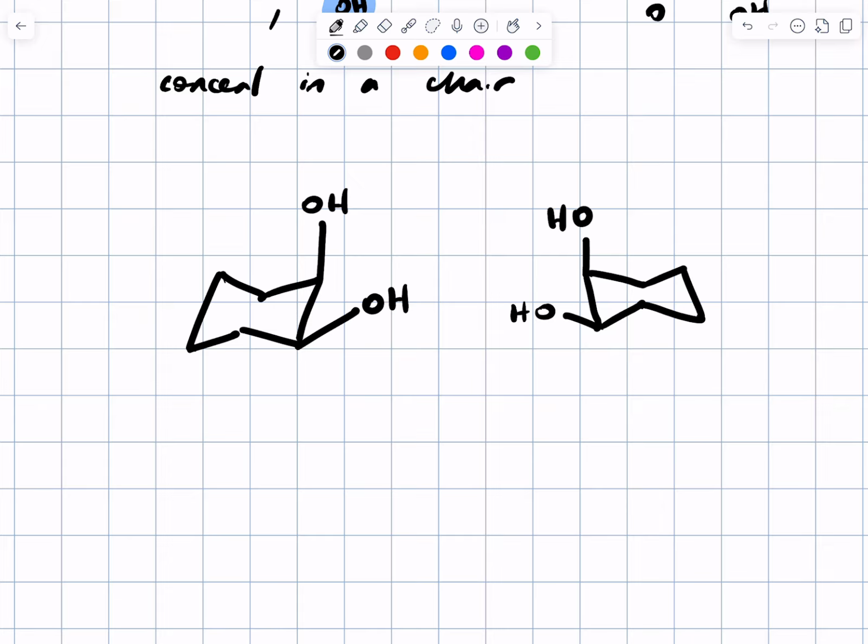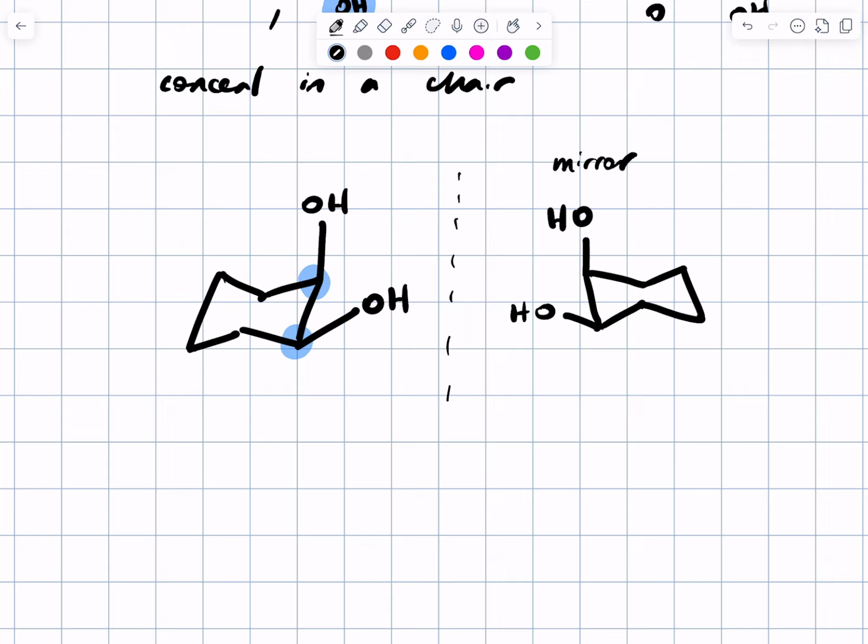Now, if you look, this is a stereocenter, and so is this. And it looks like this is the mirror image, and it is. And now you've got to try to figure out, are they the same or not?